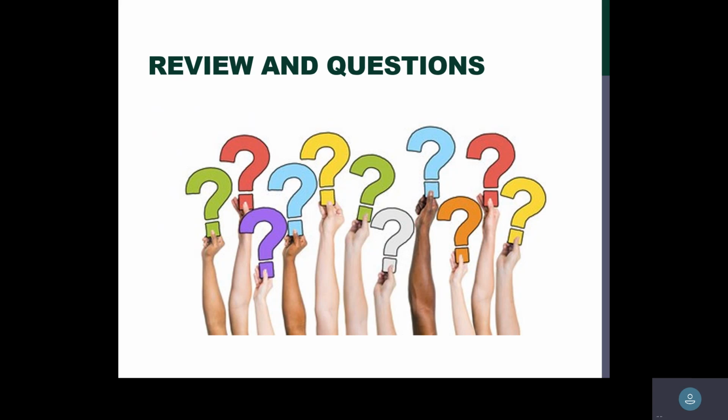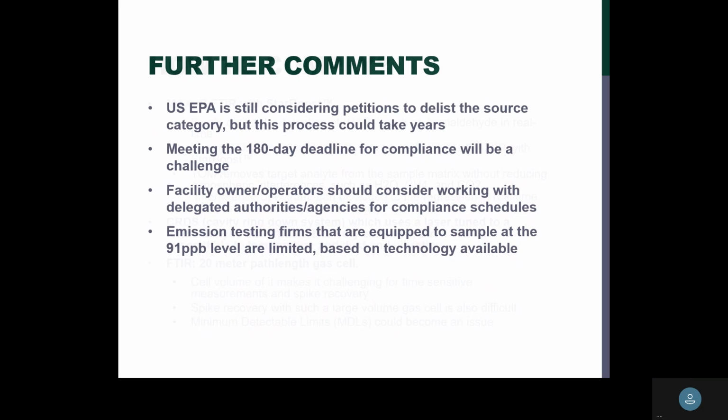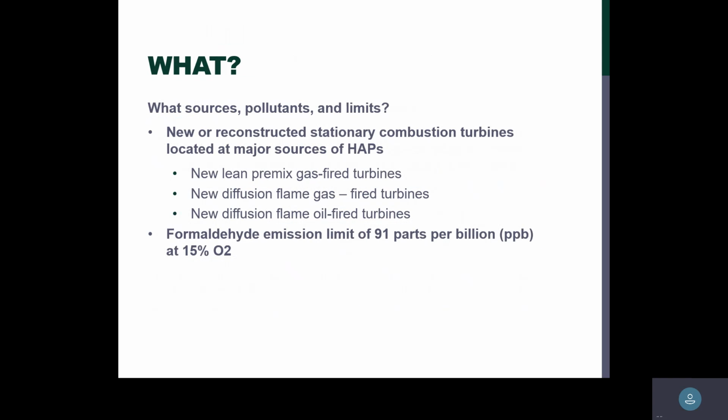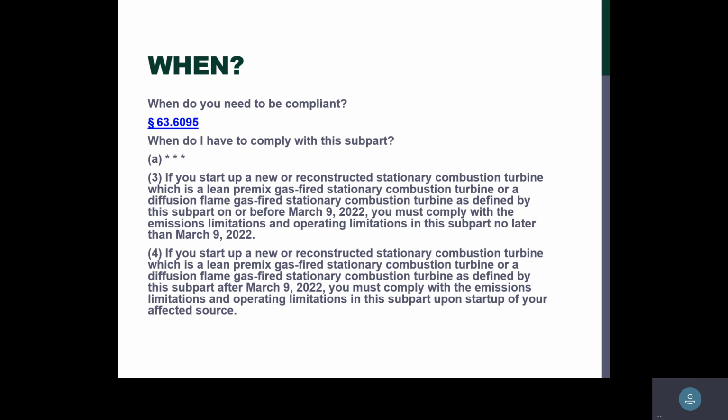Yep. So I pulled this, the timeline for compliance. This reads a little bit funny, but it's directly from the method. So if you look at Section 3, if you start up a new or existing reconstructed stationary combustion turbine, which is lean premix or diffusion flame gas fired turbine as defined by this subpart on or before March 9th, 2022, you must comply with the emission limitations and operating limitations in this subpart no later than March 9th of 2022.